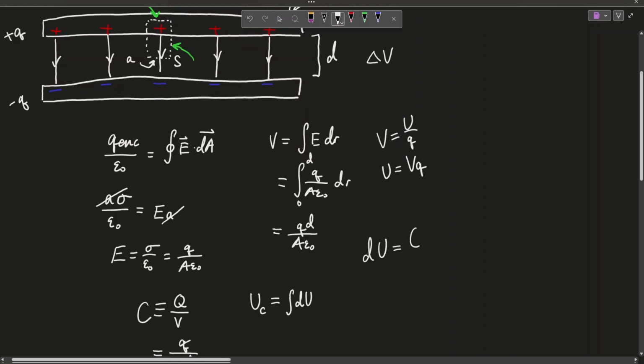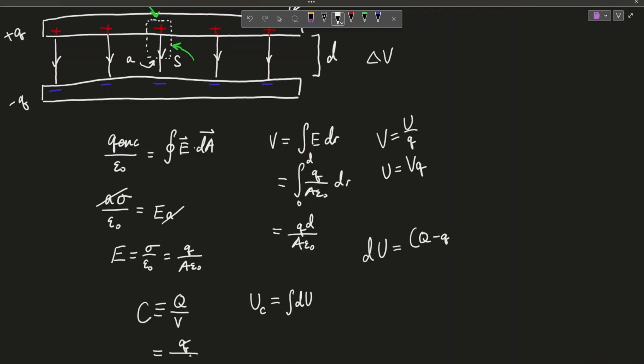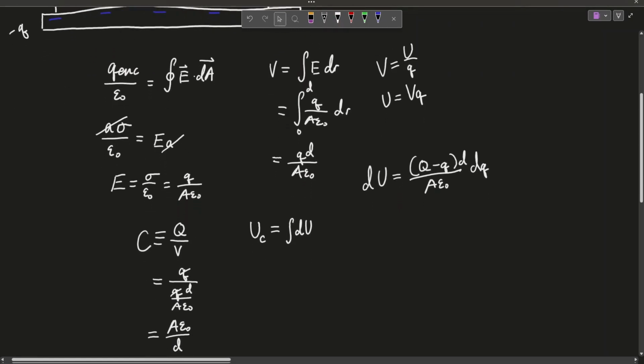So we'll express the initial charge with big Q, and the amount of charge we've already let across with little q, and then we can find the voltage that the next little chunk of charge will face to be this expression here. And then we just multiply by that little chunk of charge dq.